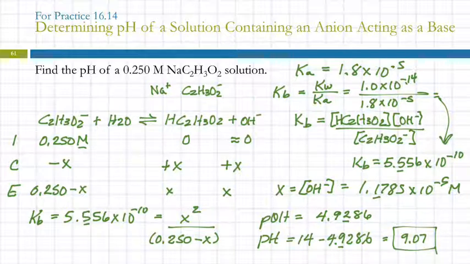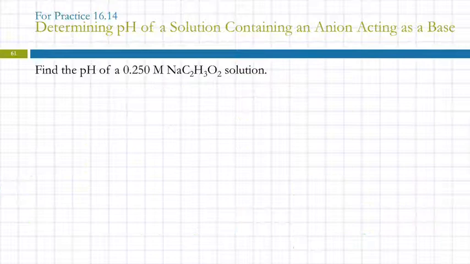So anions can be weak bases. Cations can be weak acids. So there's 3 categories of cations.